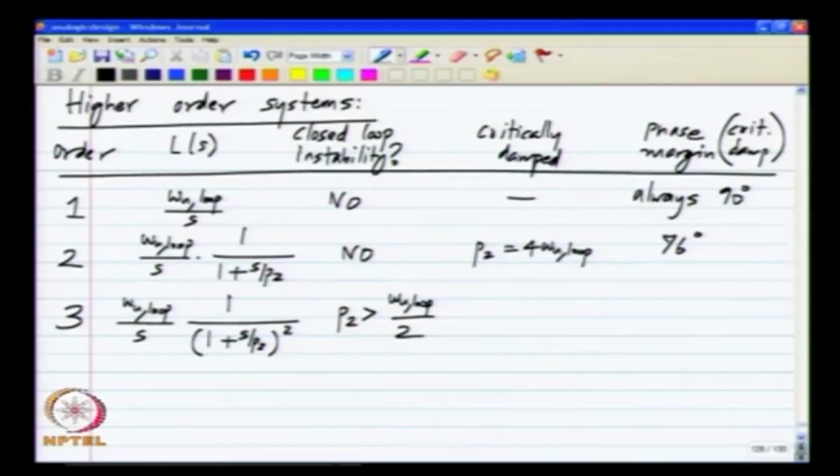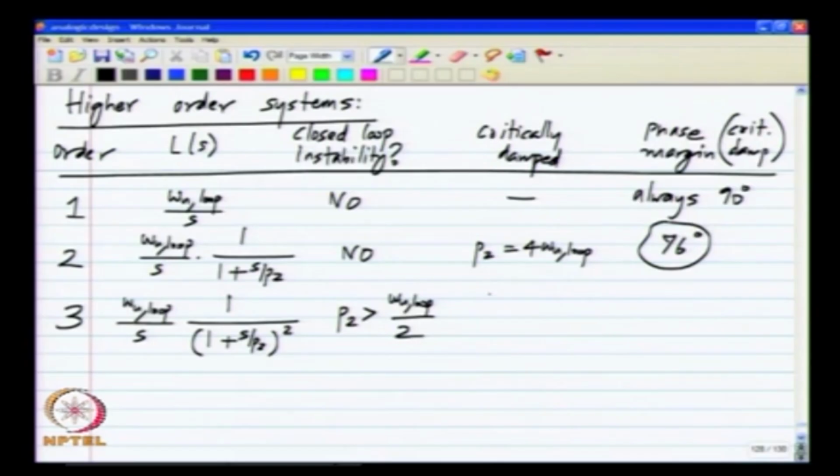Again, as I said repeatedly, it is not easy to calculate the time domain response. So, what we do is we make sure that the phase margin is 76 degrees, based on the guideline we get from second order systems. What we mean is that when the magnitude of loop gain becomes 1, the angle of the loop gain should be minus 90 minus 14 degrees, that leaves 76 degrees of phase margin.